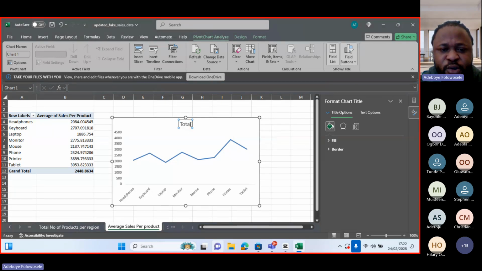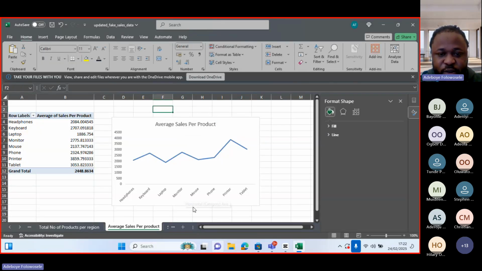So this is going to be average sales per product. So this is average sales per product. And from here, we can see that printer has the highest number of sales.